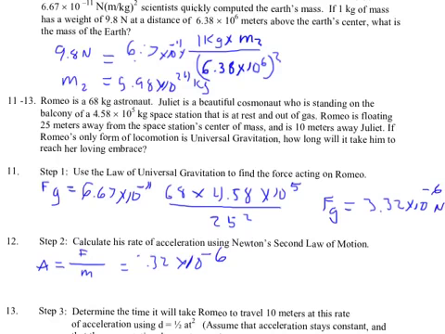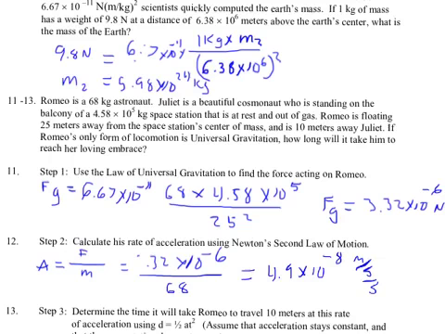And I got that from right here, and so I just calculated, divided by the mass of Romeo, which is 68 kilograms, and that's going to give me an acceleration of only 4.9 times 10 to the negative 8 meters per second squared. But I am going to find that Romeo is speeding up.